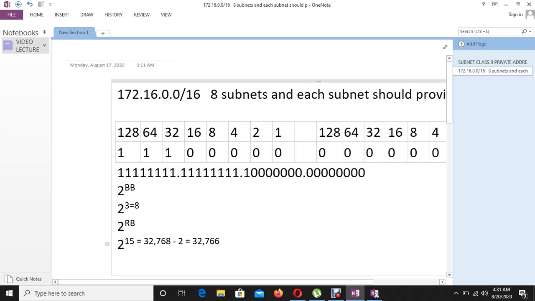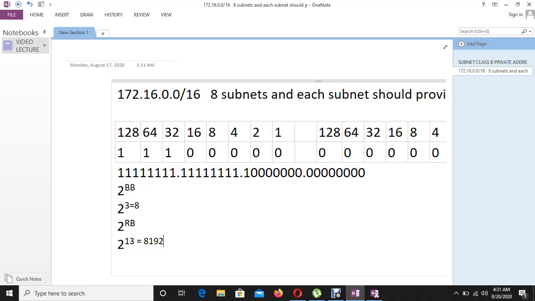So we say 2 to the power of 13 instead of 15 now. So 2 to the power of 13 should give you how much? 8,192. I think that should be the correct one. Let me make sure that that is correct. Yeah, that should be correct.